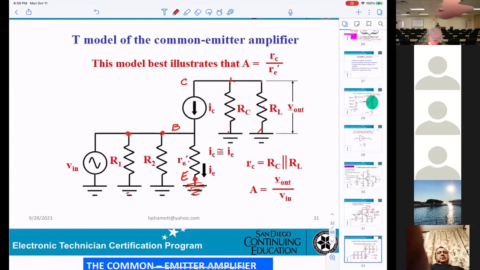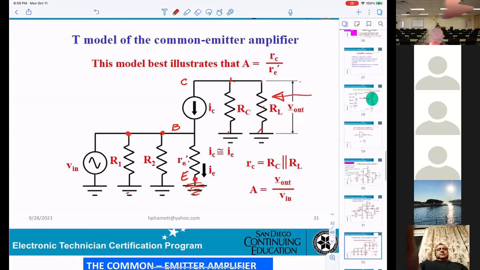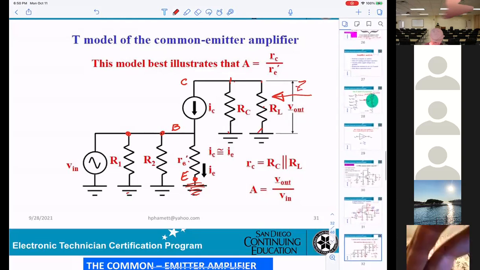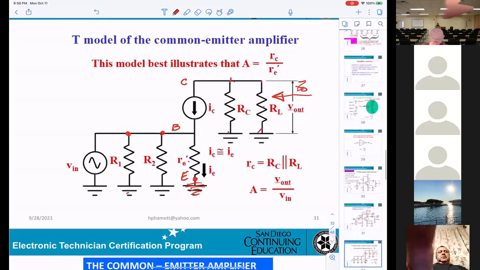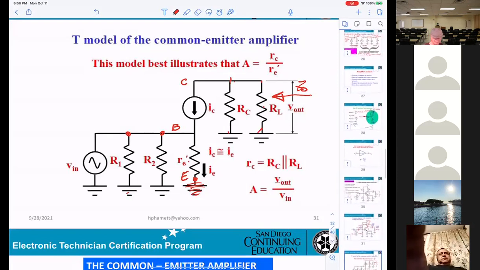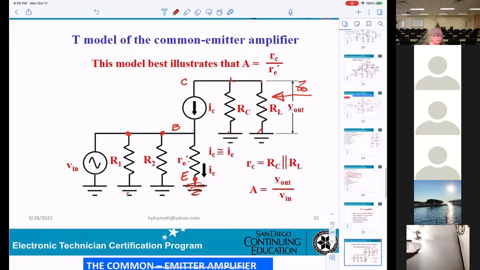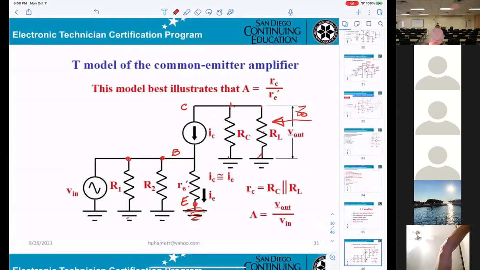Okay, so what do we need to know about this amplifier? First thing, if you're looking from the output into the amplifier, what they want to know is the output resistance.